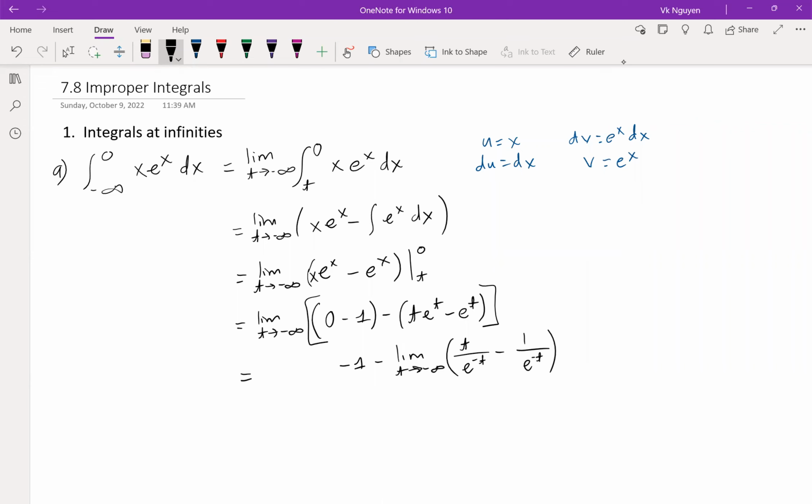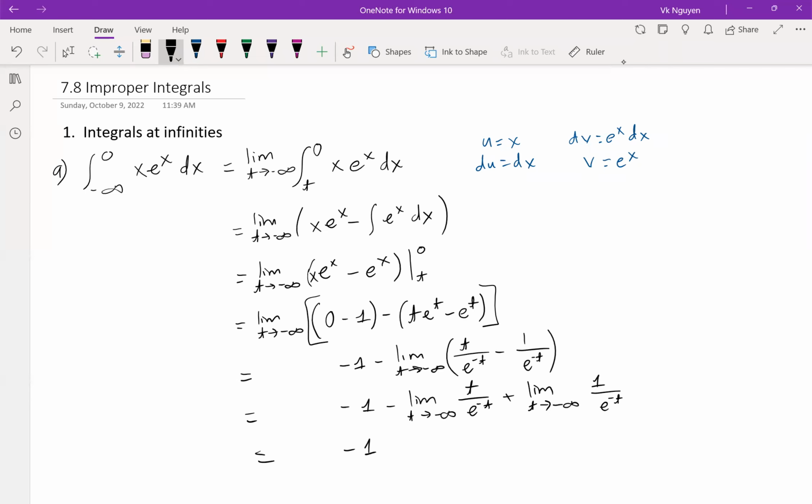Use the property of limit. And we have negative 1 minus the limit as t goes to negative infinity of t over e to the negative t, minus this, plus the limit as t goes to negative infinity of 1 over e to the negative t.